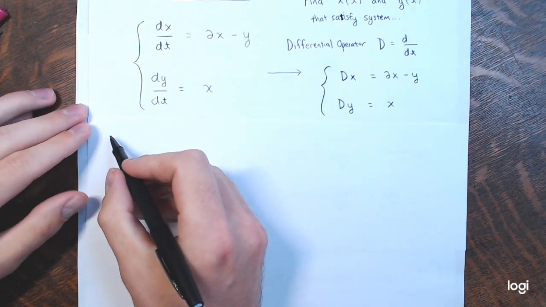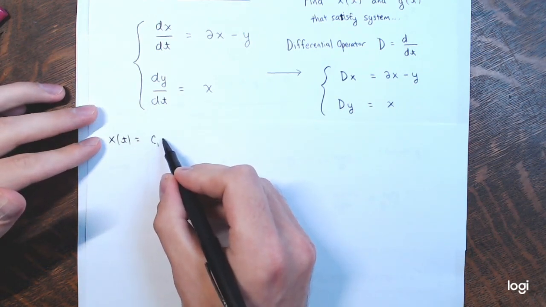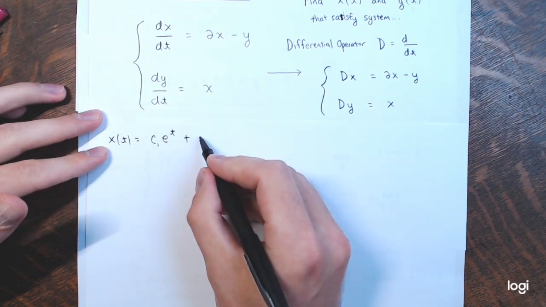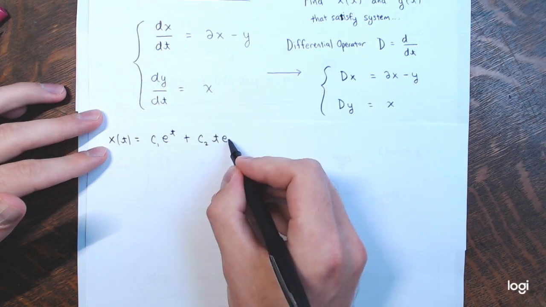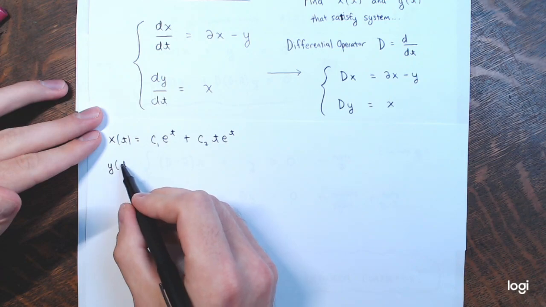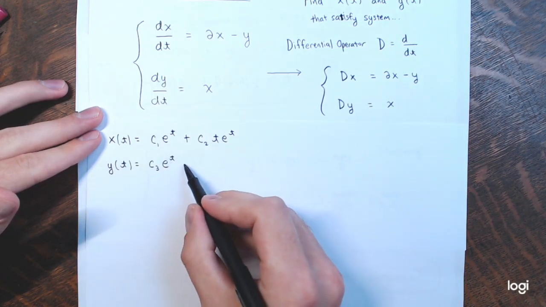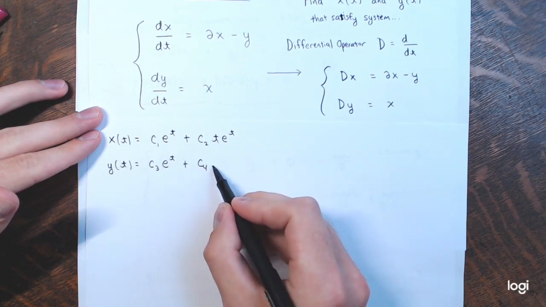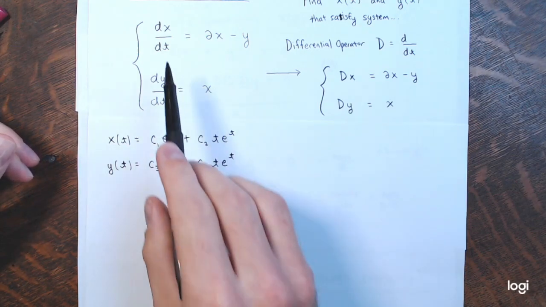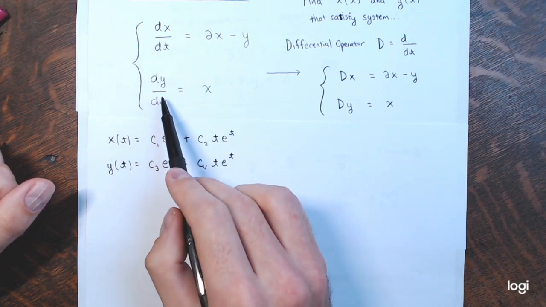And again, we had the following: x of t was c1 e to the t plus c2 times t e to the t, and y of t was c3 e to the t plus c4 t e to the t. Then all I need to do is find the first derivative of these with respect to t.